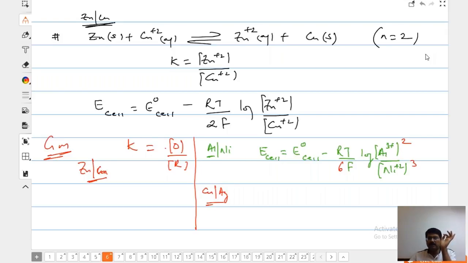Sir? Who is this? Sir, Nayan. Bolo. So we are using the Nernst equation here because there we have to consider concentrations in a different way. But where did we use concentrations in this chapter? We just learned delta G equals minus nFE naught. Just write the Nernst equation for copper silver. Just give me a few seconds.